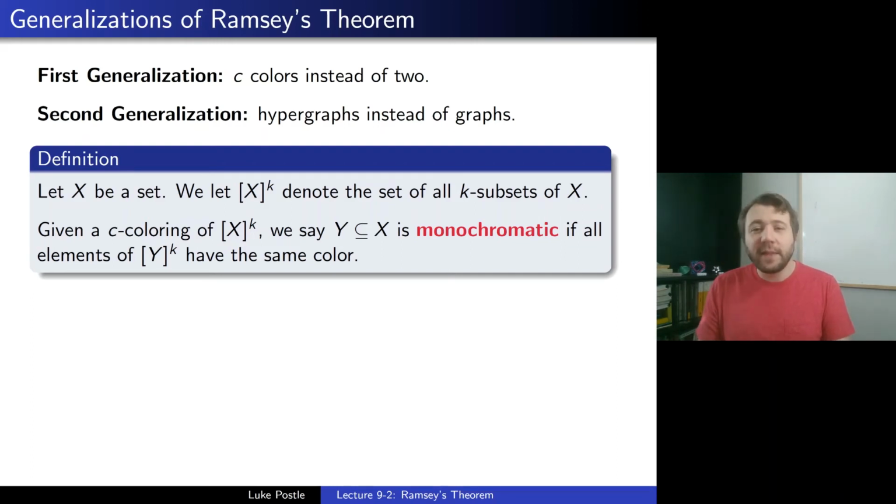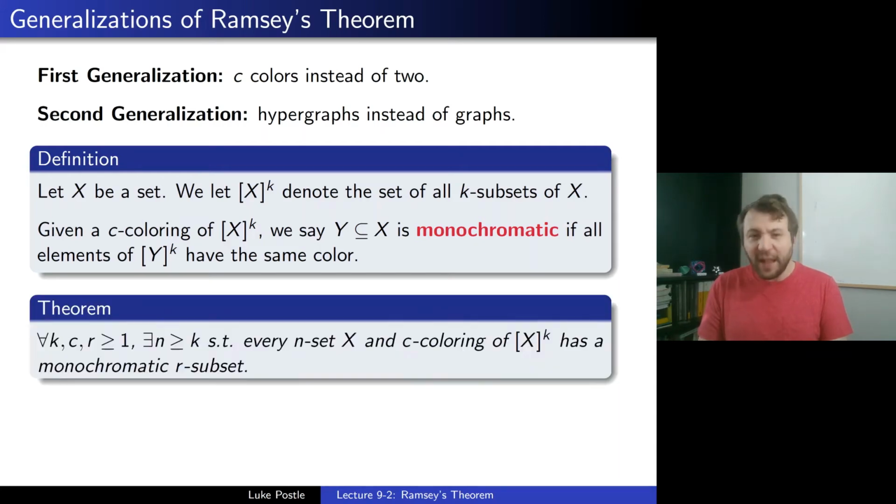And so this would just be like Ramsey if C was 2 and K was 2, but here we're generalizing. And now the theorem is that this generalization holds: for every K, C, and R, there exists an N at least K such that every N set X and C coloring of X to the K has a monochromatic R subset. Right?